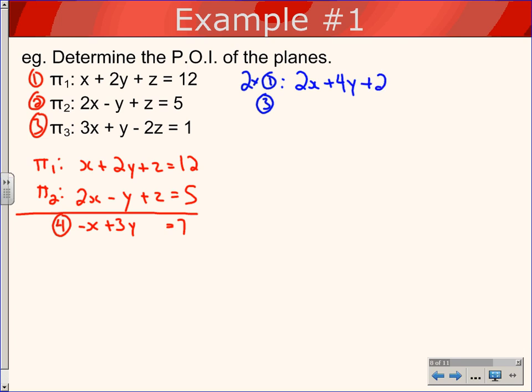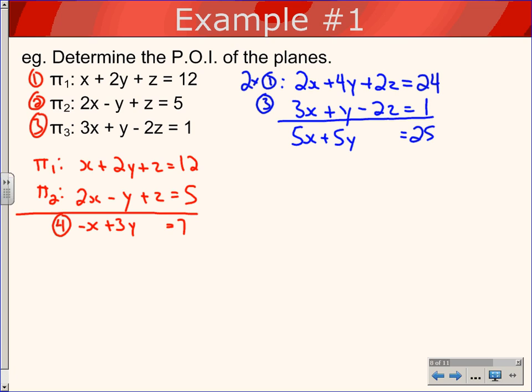This is the part where I usually make a mistake, so I'm feeling a little nervous. And then equation 3 stays the same, 3x. We're trying to eliminate the z's, so this time we should be adding them. So we get 5x plus 5y equals 25.